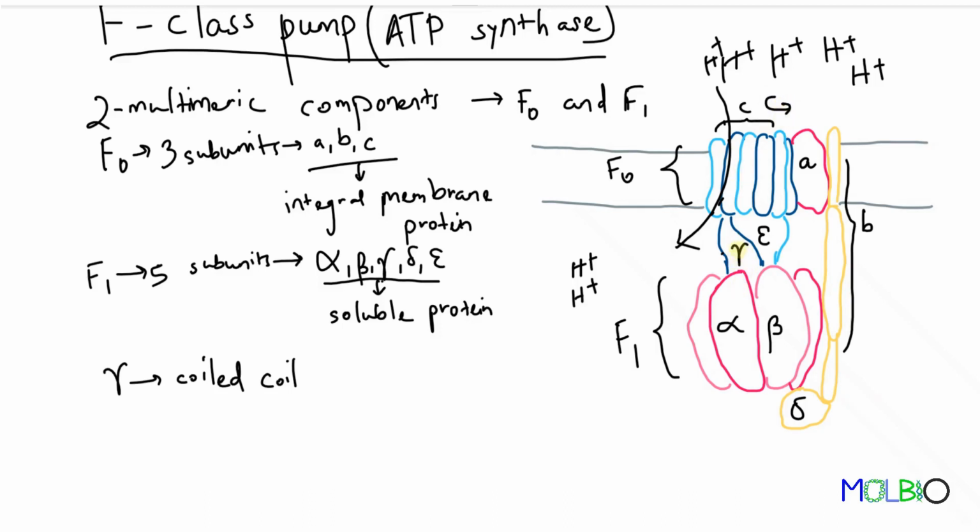Now as the gamma subunit is connecting the C ring to the alpha beta ring, they also rotate along with the C ring. This helps in bringing the ADP and inorganic phosphate close together inside the alpha beta ring to produce ATP. We'll look into the details of how this happens.